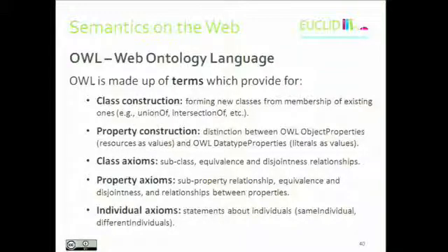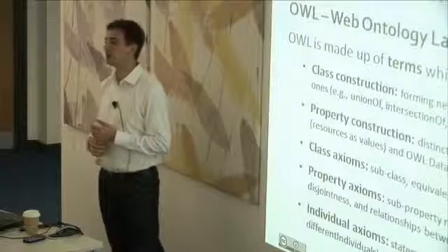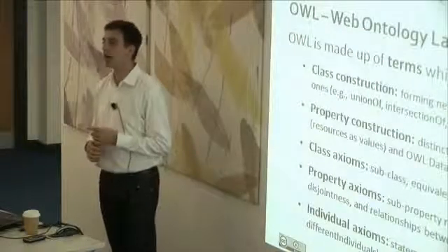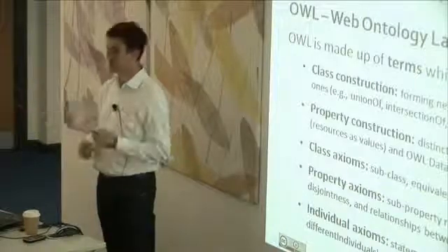We can give class axioms that let us say useful things like two classes are disjoint from one another. You can't have a resource in both of these classes at the same time because they represent exclusive things. We can assign similar axioms to properties. We can say you can't have both this relationship and that relationship, for instance.